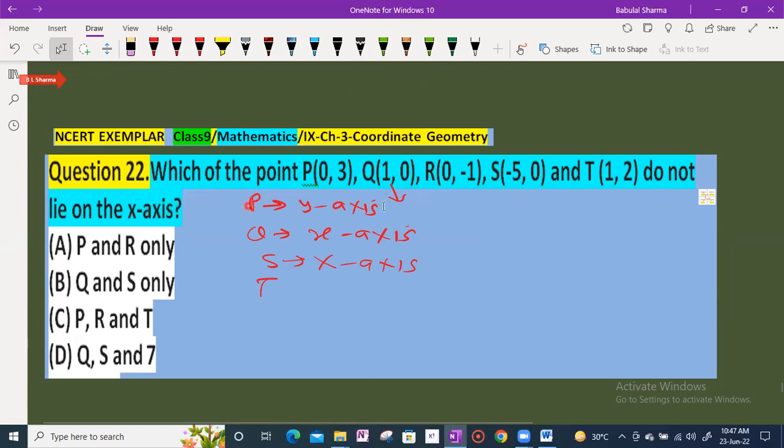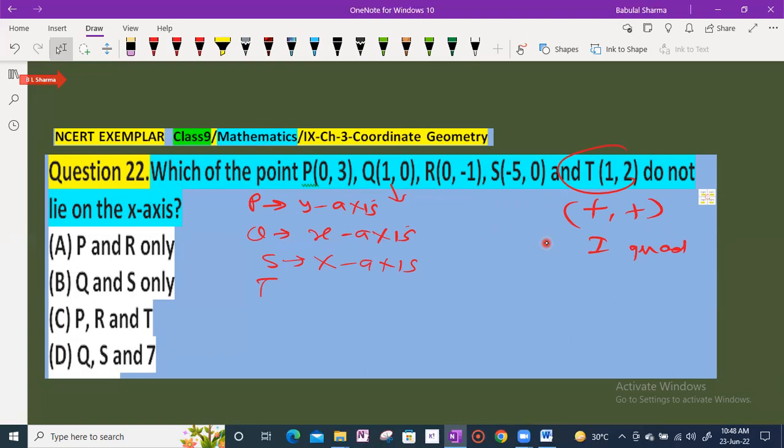क्वेश्चन में पूछा है कि do not lie on x-axis. कौन सा पॉइंट है जो x-axis पे लाई नहीं करता? देखिए तो T. This T, both are positive, so this will lie in the first quadrant. So T point and P point, and other point is there? Yes.